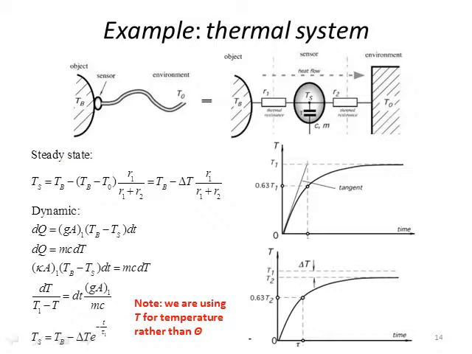Now in steady state, we can analyze this without the thermal capacitance, and Ts is equal to TB minus T0 over these resistances. What happens here is that Ts, the temperature that we measure, will be TB, the real object temperature, minus some delta T, which is the resistor divider over these resistors. So we can never really measure the absolute value of this temperature.